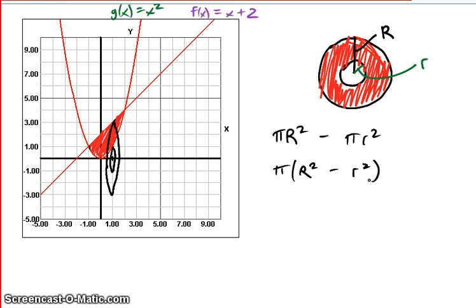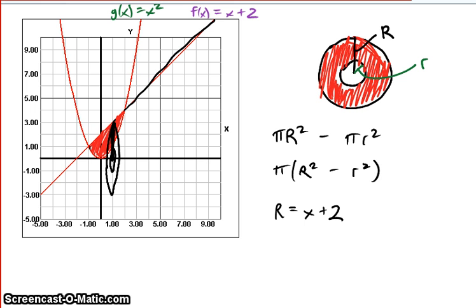So the radii are determined by the graphs. You've got to figure out which graph is on top and which graph is below. The graph on top is going to determine big R. In this instance, big R is the distance from the x-axis all the way to the top here. That is the graph y equals x plus 2. So big R is going to equal x plus 2.